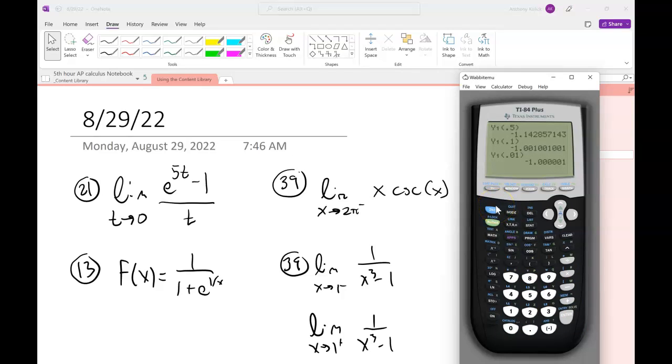Looks like it's going to -1. From the one end. Let's check the other end. And at this point, I'm going to be pretty convinced that that's going to -1 also. Agreed there? So that should be good for part A.